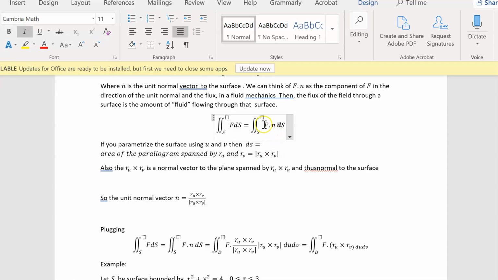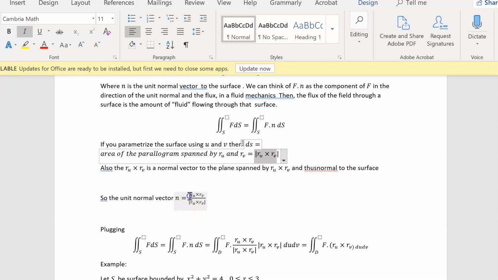What about F dot n? Let's try to get n. r_u is along the tangent plane of the surface at that point, and r_v is also along the tangent plane of that surface. So the cross product is a vector normal to the tangent plane at that point on the surface.